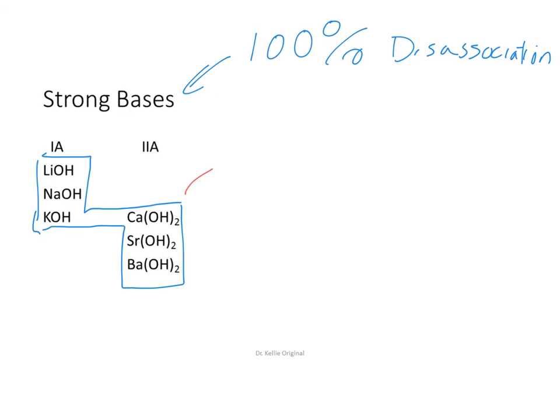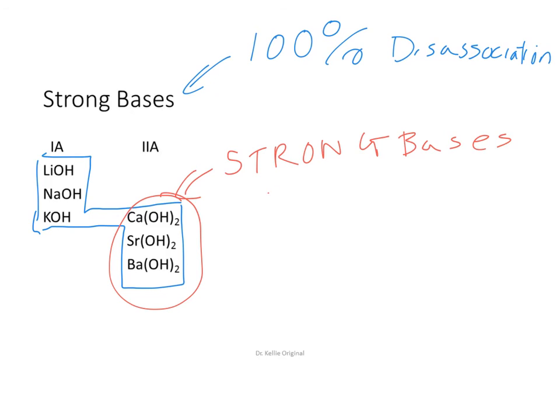An important note, considering we just got a lot of time discussing polyprotic acids, strong bases, unlike polyprotic acids, do produce 2 hydroxides. These strong bases right here with 2 hydroxides do produce 2 hydroxides.